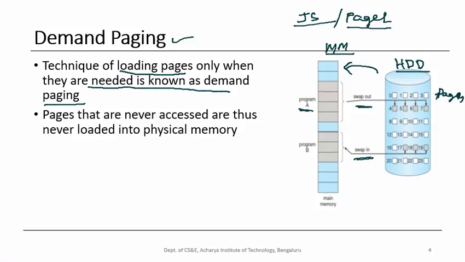If it makes a reference to an instruction or data which is not currently residing in the main memory, if it is residing in the hard disk, then that is brought into the main memory. So that means the pages that are never accessed or never referenced by the CPU are never loaded into the memory at all. This concept is called demand paging.